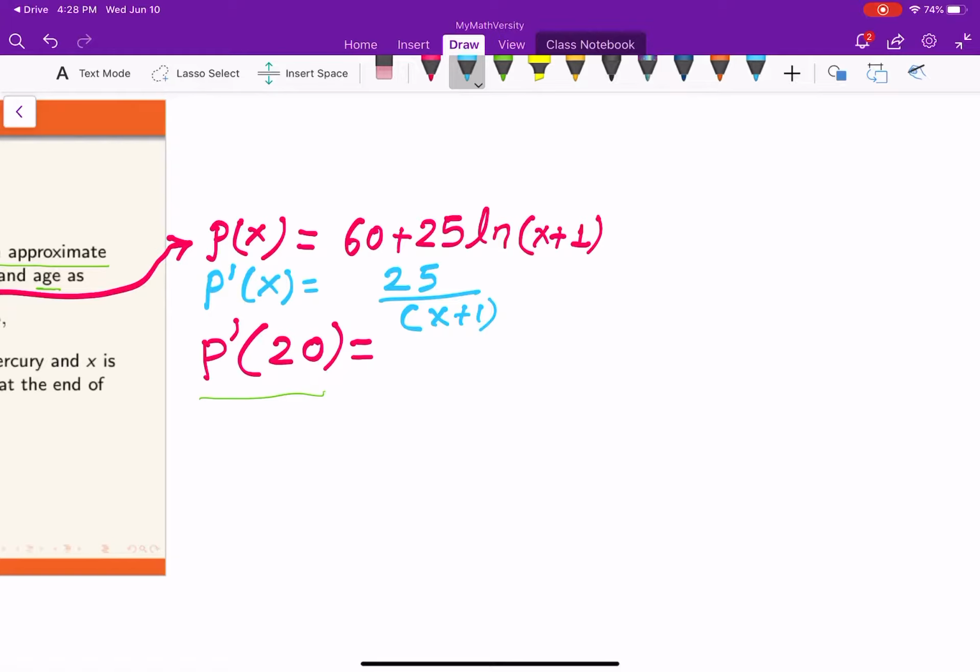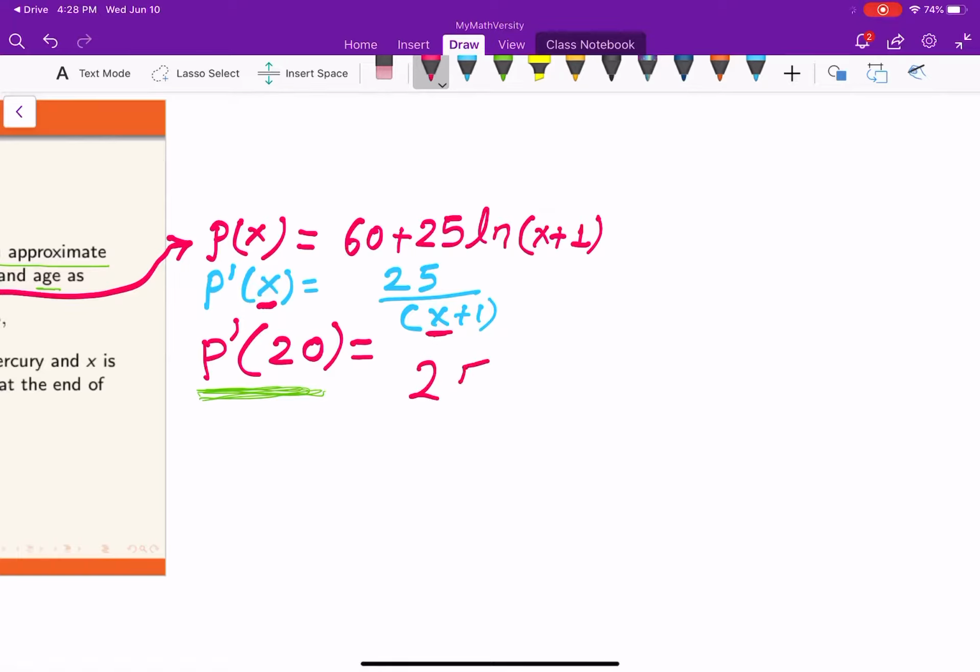Okay, so to evaluate P prime of 20, because this is our main question, our goal is to find P prime of 20. To find that, what can we do now? We can just evaluate this P prime of x at 20. That can be done by replacing x in P prime of x with 20.